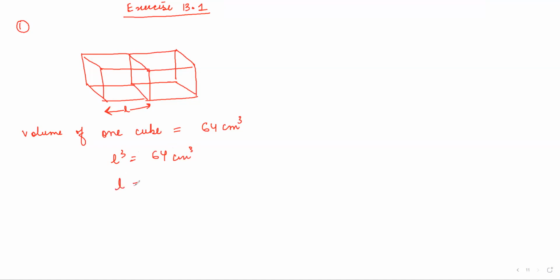So that my L becomes how much? Cube root of 64 is 4. 4 into 4 into 4 is 64. Or if you are not able to find like this, you can make factors, right? So 2 into 32, then 2 into 16, then 2 into 8, 2 into 4, 2 into 2, 2 into 1.